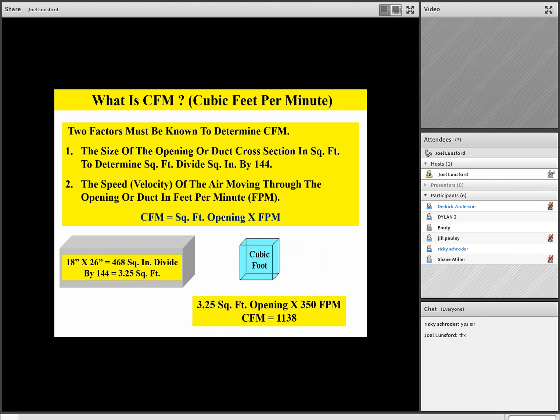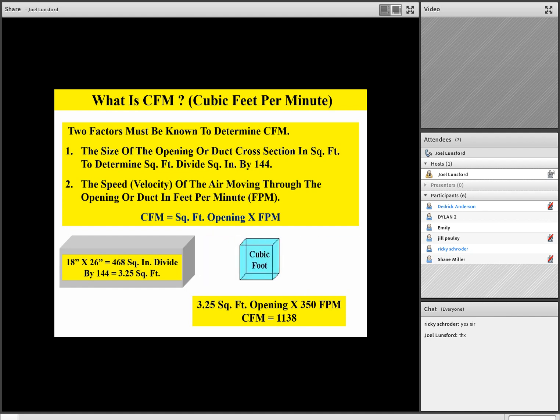Now this becomes very, very important later on when we start designing a duct system, because there will be target velocities that Manual D is going to recommend when we build a duct system. Now, by the way, Manual D is kind of the Bible, if you will, for airflow and duct design.